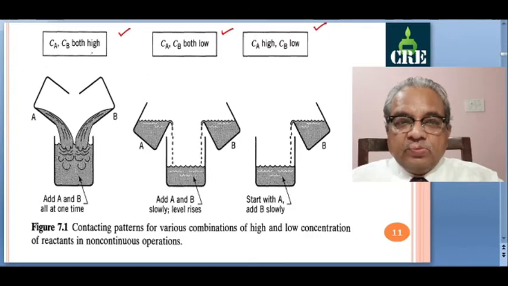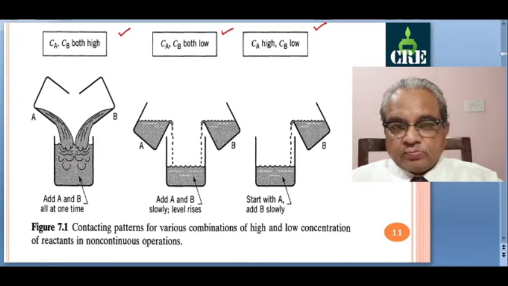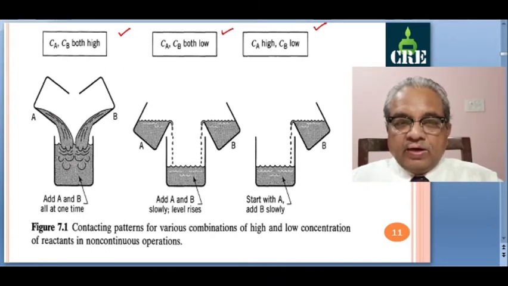If Ca and Cb are both high, you will add A and B at once, both to be added at once. So what happens in the mixed flow reactor? The concentration drops immediately.